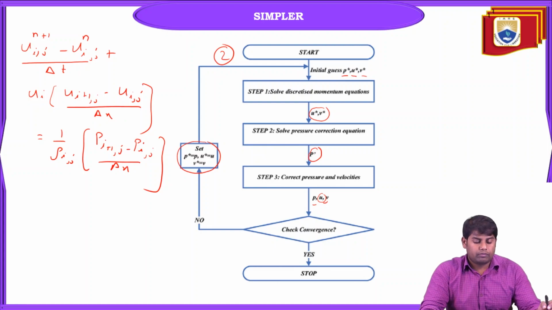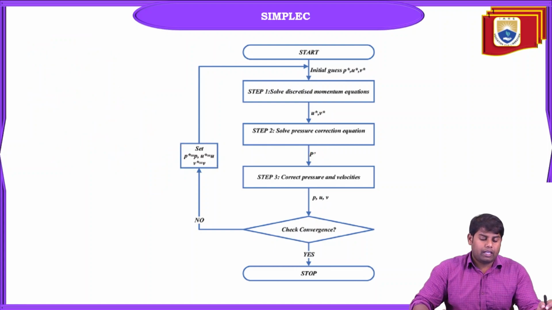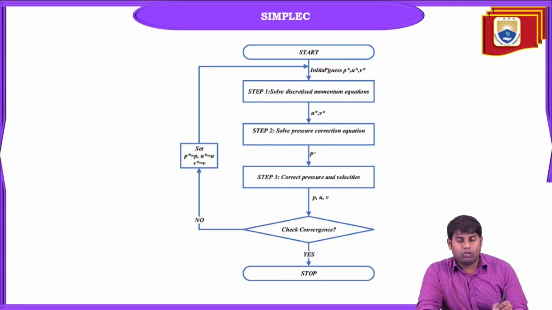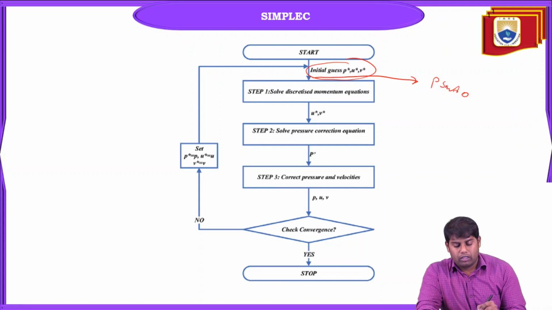Okay, so the other one is the SIMPLEX algorithm. What we have done here is, after the initial guess, we have one more step where we find pseudo velocities, which is v cap or u cap, or you have other pseudo parameters.